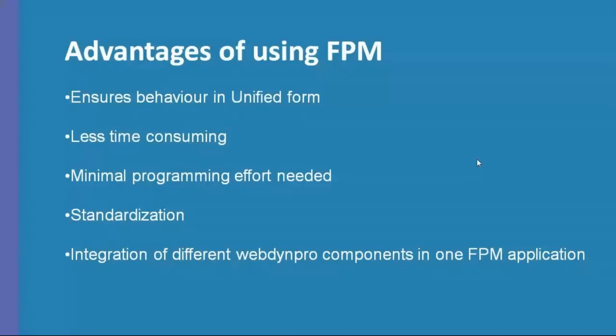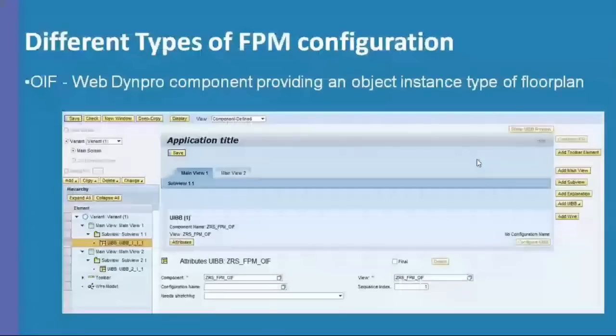Now, the different types of FPM configurations. Mainly we have three types. The first one is the object instance floor plan, where the WebDynpro component provides an object instance type of floor plan. If you see this screenshot, you have different tabs here, tab 1, tab 2.